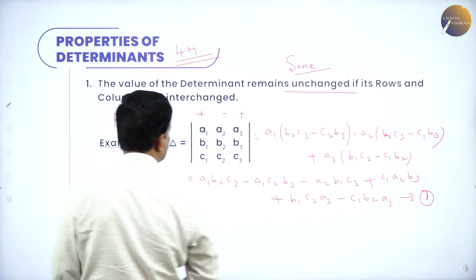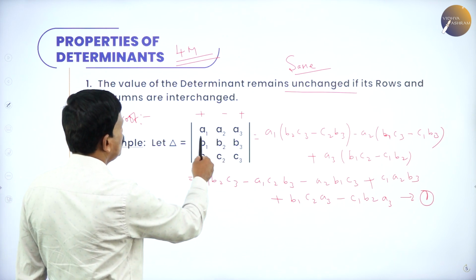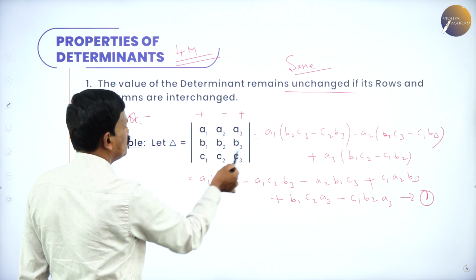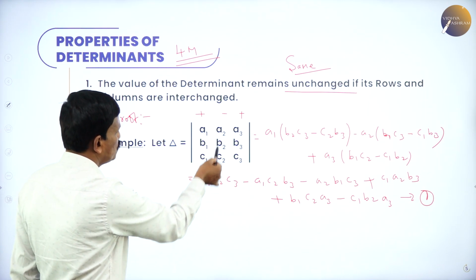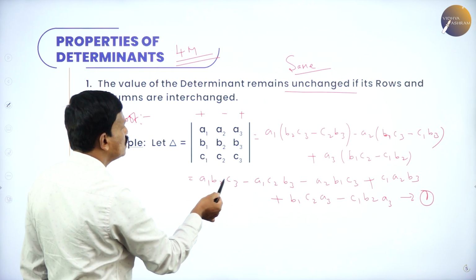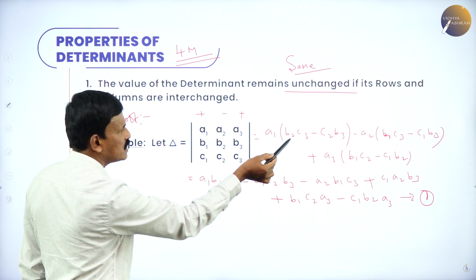So listen here. Expand with respect to the first row A1, A2, A3. For A1, this row and column is gone, multiply B2, C3 minus C2, B3. Minus A2 into, delete the row and column containing this, B1, C3 minus C1, B3, plus A3 into B1, C2 minus C1, B2.